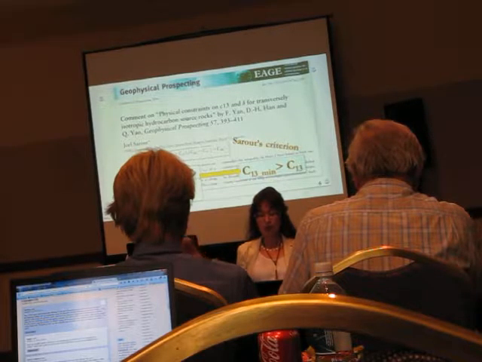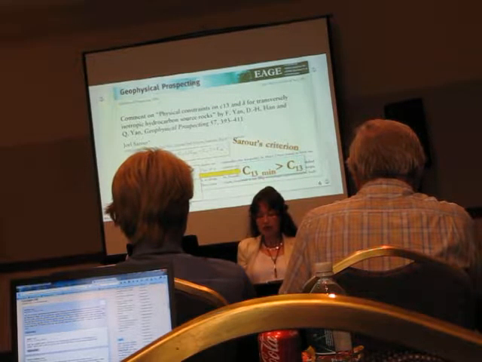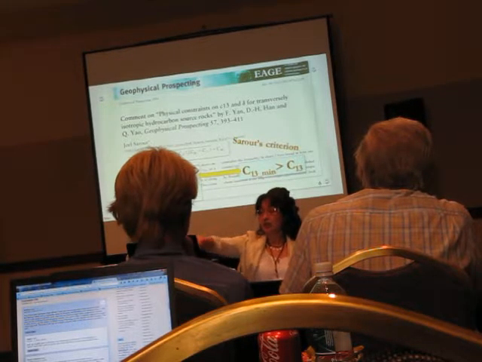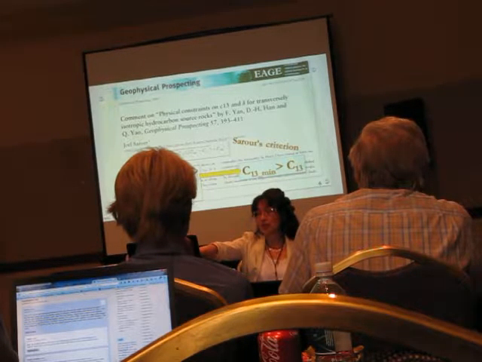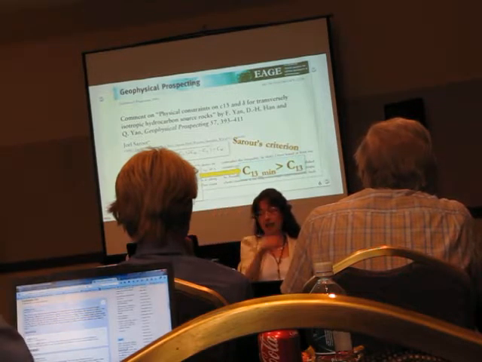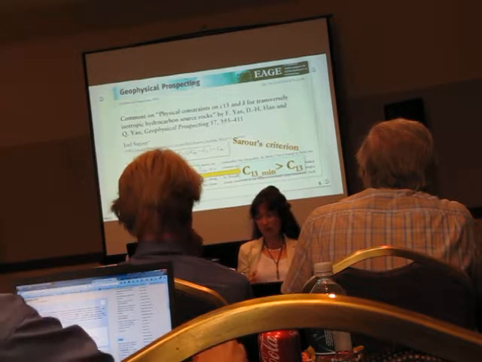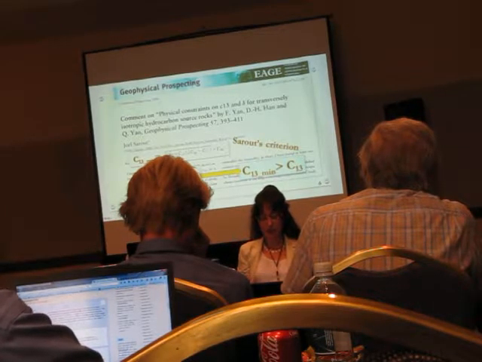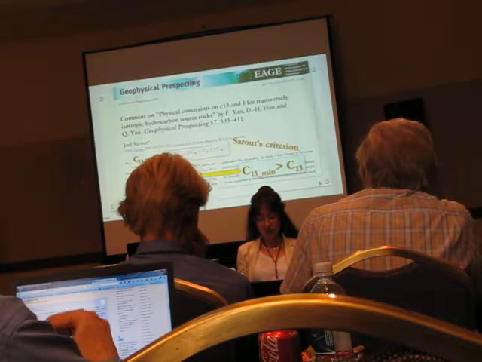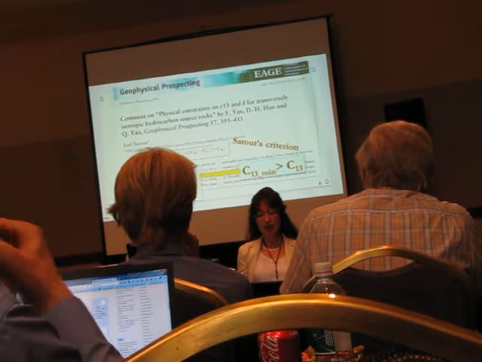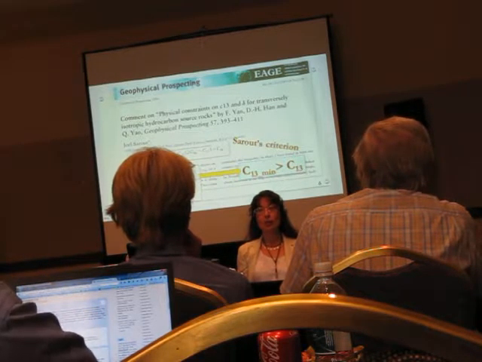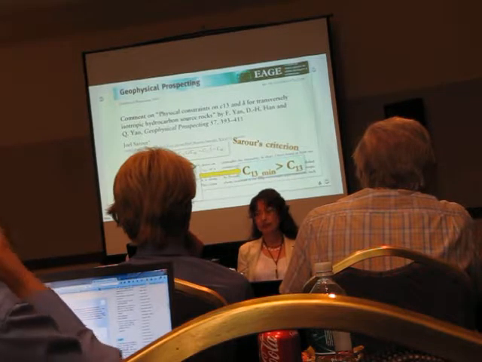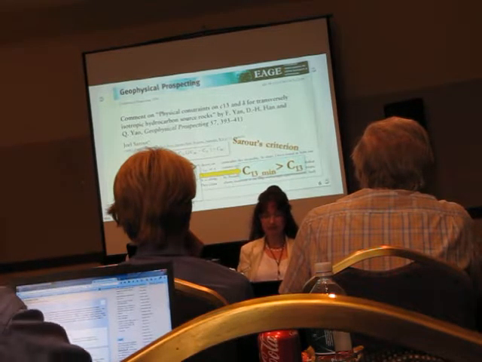Finally, Sarout concludes that Yan's constraint for C13 is not true, because in his medium he obtained the opposite inequality for these two horizontal Poisson's ratios. My presentation is about this contradiction and the way to resolve it, to know the correct constraints for the C13 parameter in shales.